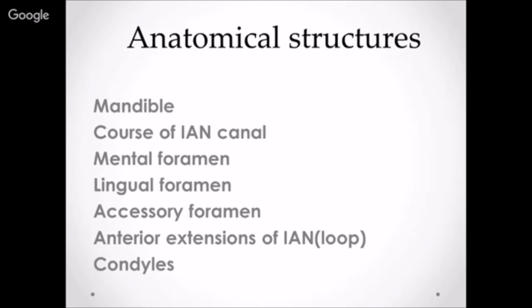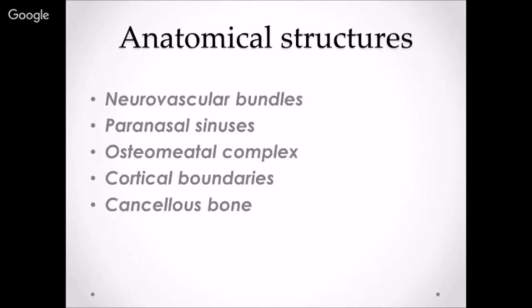So when you look at these structures compositely, what are the few things that you definitely want to keep in mind as a component to these structures? When you look at the inferior alveolar nerve canal, the mental foramen, the lingual foramen, the primary thing that you're trying to assess is the neurovascular bundles that are passing through these. You do not want to violate this.